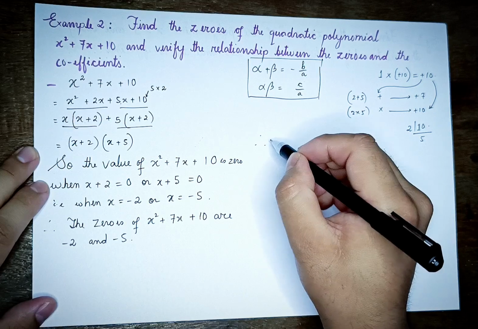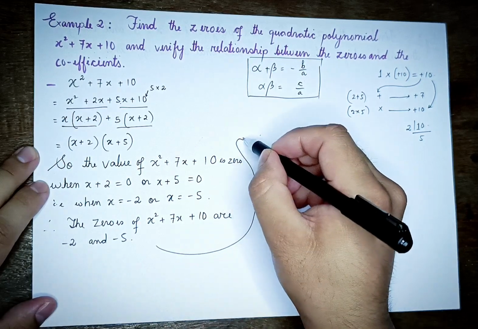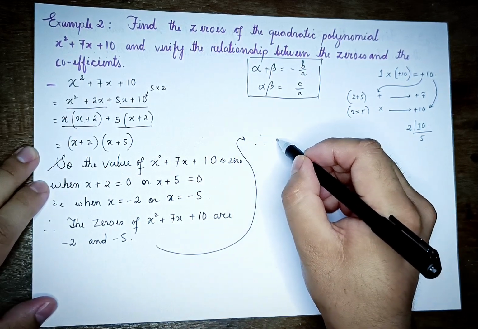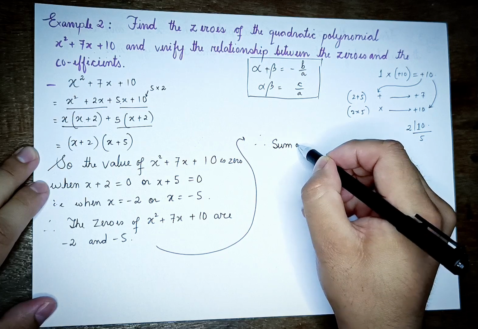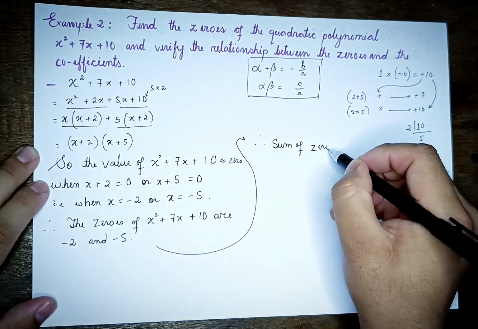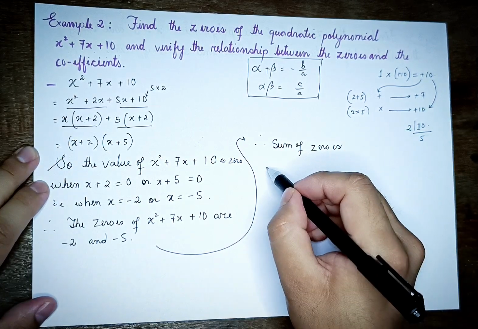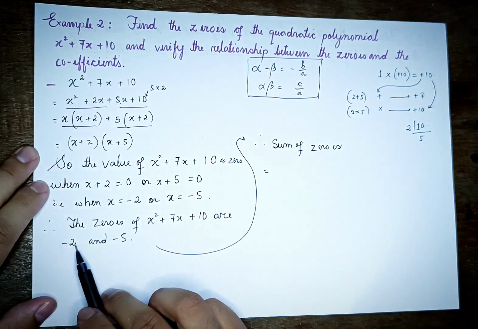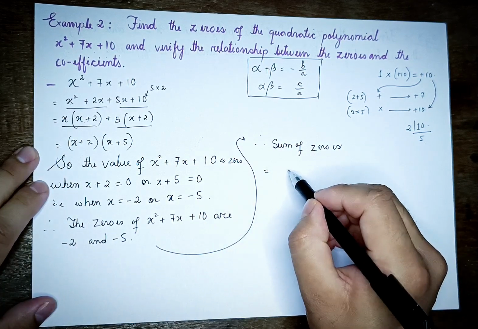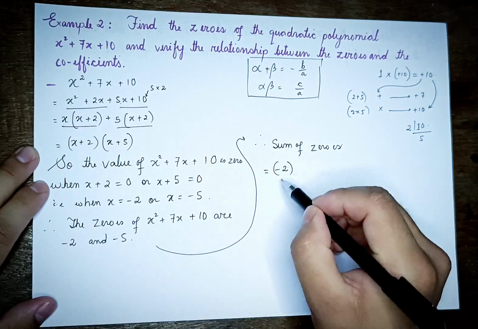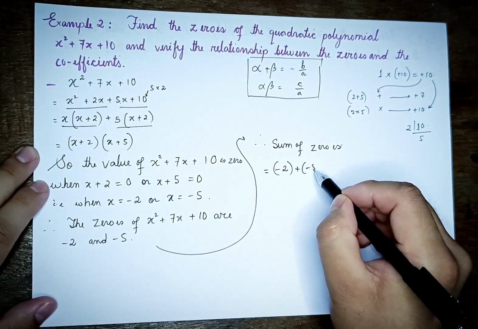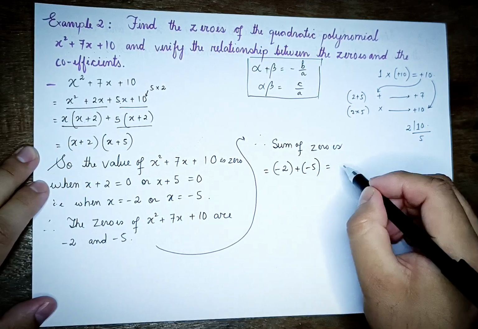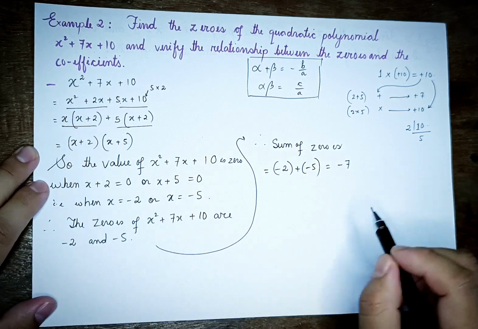Therefore, the sum of zeros is equal to minus 2 plus minus 5, which gives minus 7.